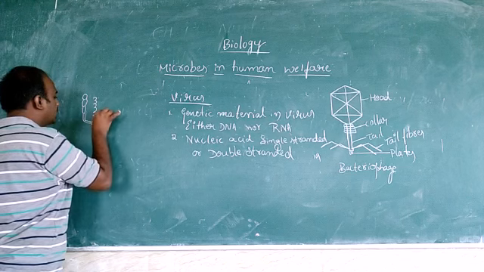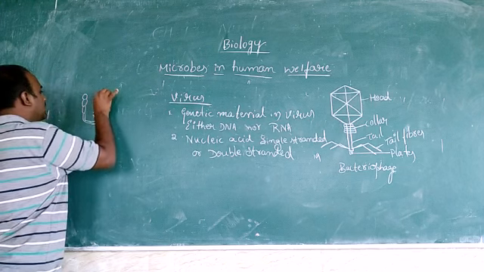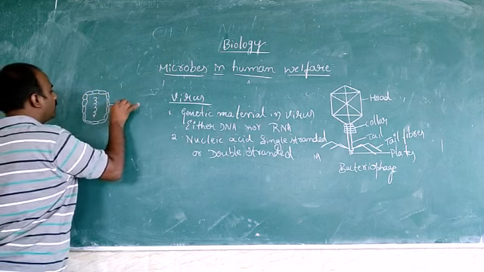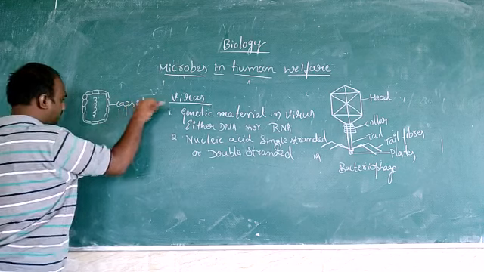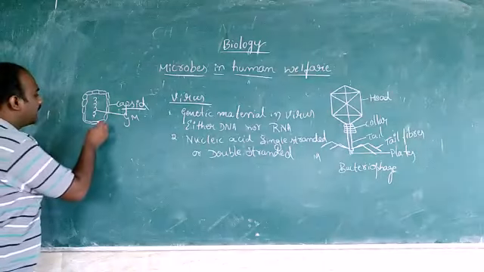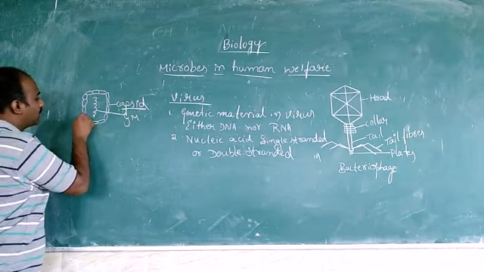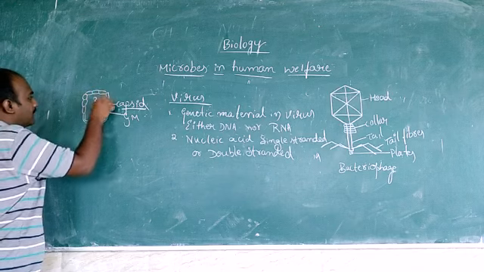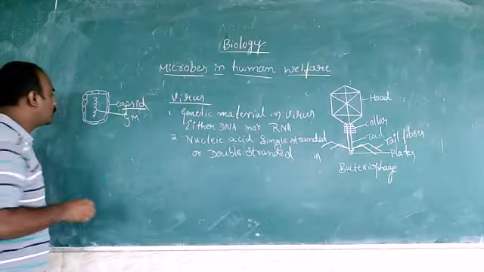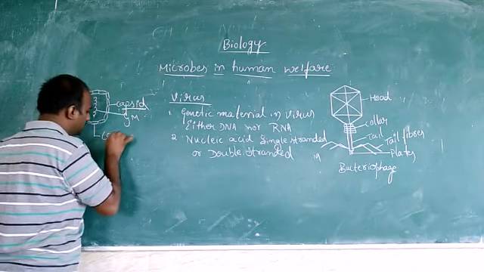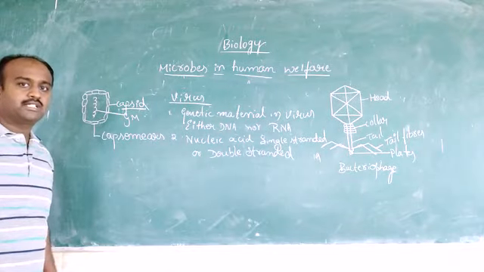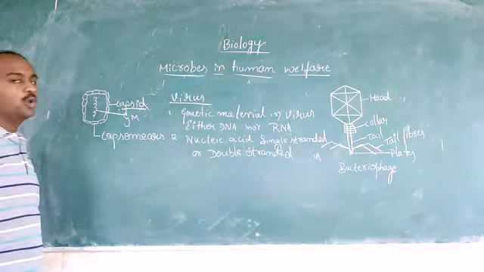In viruses, the genetic material is covered with a protein coat known as the capsid. This is the genetic material and this is the capsid. The capsid has small compartments, which are known as capsomeres.